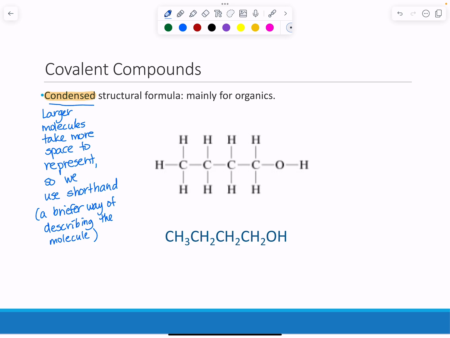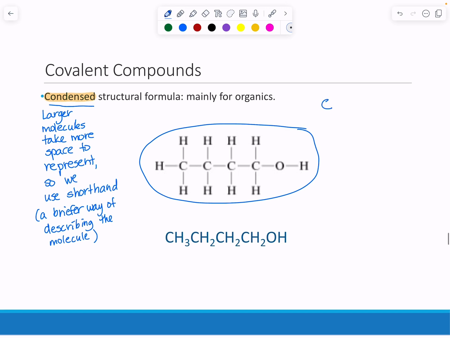Okay, so here, we can do the whole structural formula, and again, if we take this, C4H10O, that doesn't tell us who's bonded to who. This tells us who's bonded to who, right?